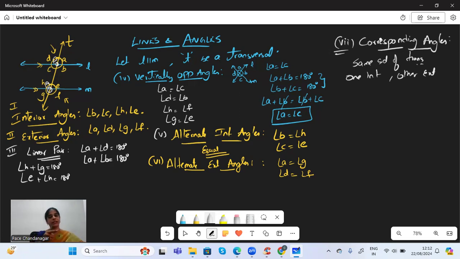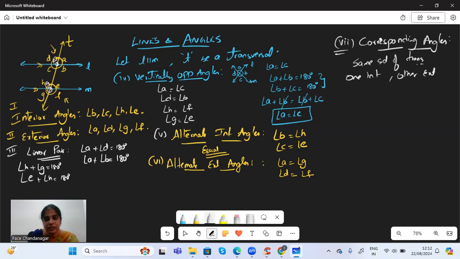For the earlier set we had alternate interior angles, which means we picked from alternate sides, one from the left side and one from the right side. Now that we are dealing with corresponding angles, they should belong to the same side of the transversal, one interior and the other from the exterior set of angles. Clear with that? Or you can just remember, top right is A from the set up there, top right is E from the set down here.